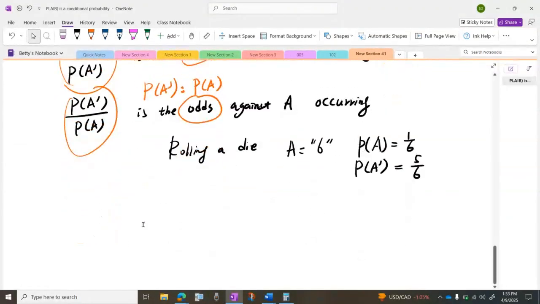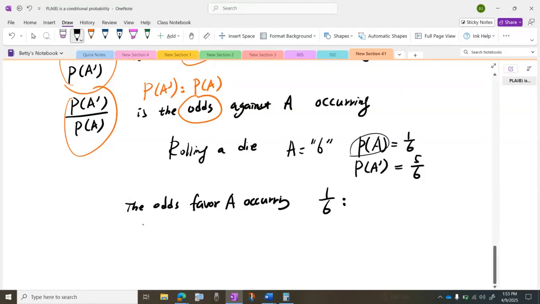Then the odds favoring A occurring, also called the odds of winning, would be this probability to the probability of the complement, which is 1 to 5. We can get rid of the 6 because the denominator is the same. So 1 to 5.